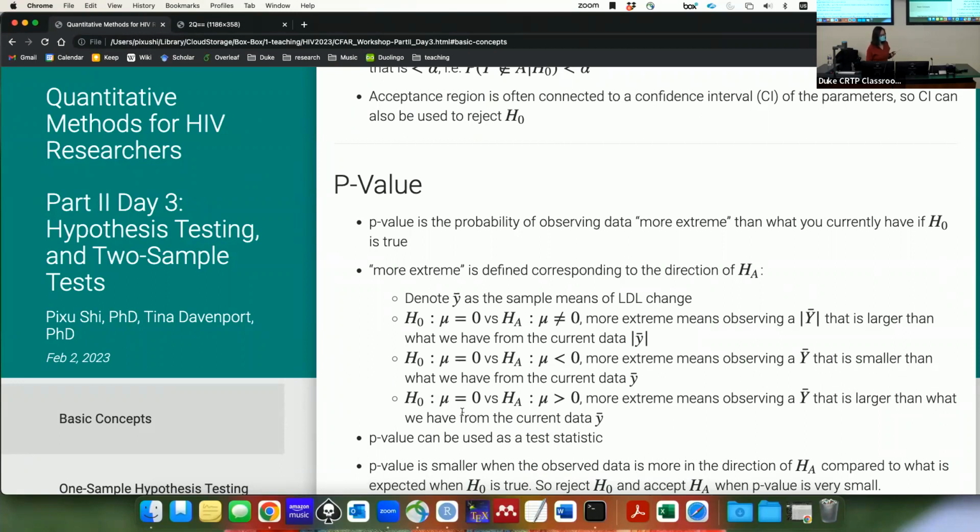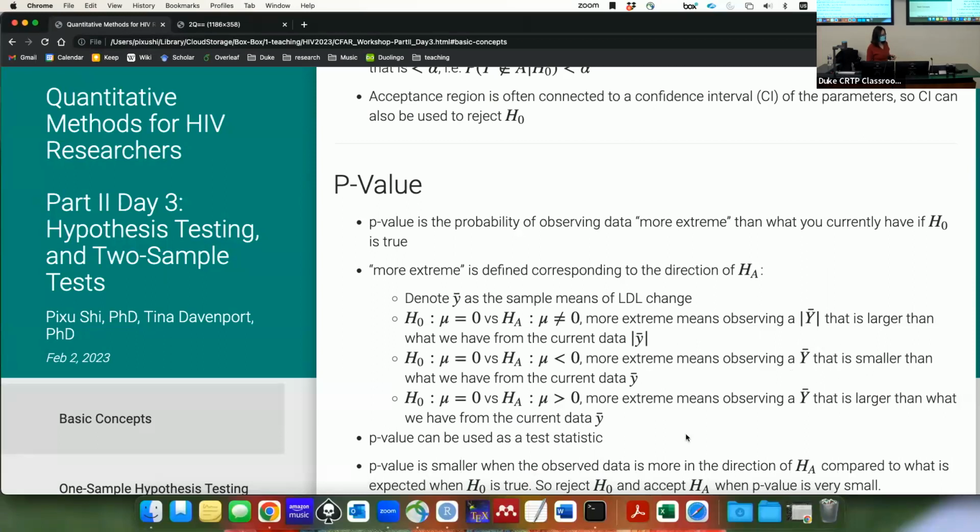So your p-value will reflect the alternative. You will have a p-value that's different for each one of them. In the first case, your p-value is the probability of observing a y bar that's even larger than the absolute value of your observed mean, or smaller than negative of this mean. In the second case, your p-value is the probability of observing an even smaller number than the observed y bar.